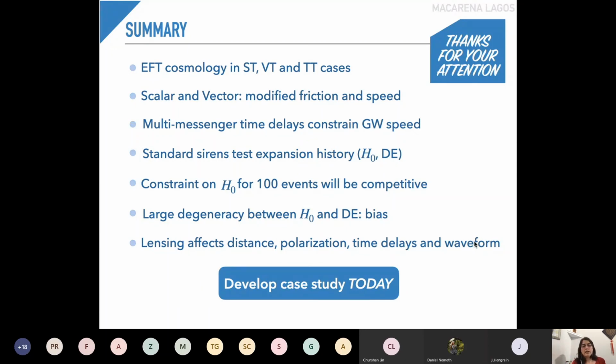So these are things that may look relevant very far away in the future, but in order to really understand the power and how we can really use gravitational waves as a complementary probe for cosmology, we do need to develop a case study of all these different effects today as soon as possible. With this, I finish this talk, and thank you very much for listening.